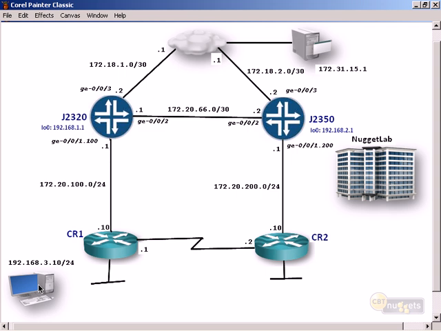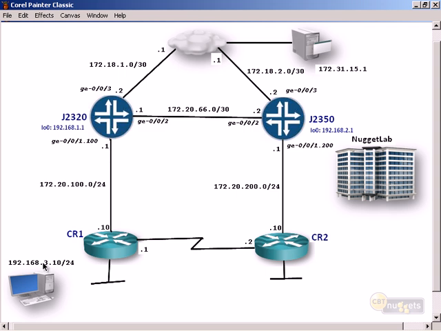Now, you might be wondering, what happened to gigabit 0/0/0? Well, that's the management network that I'm dealing with, my management VLAN, we could call it that. So on my 2320, gig E0/0/0, and gig E0/0/0 on my 2350, these are both on the 192.168.3 network.